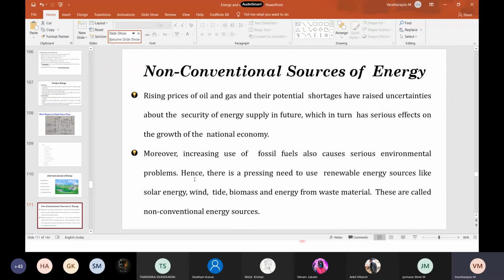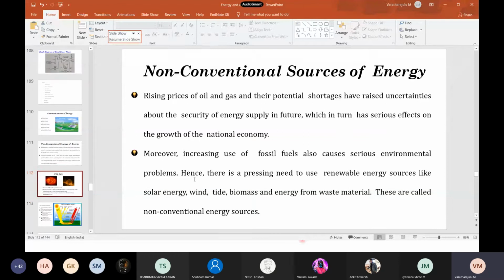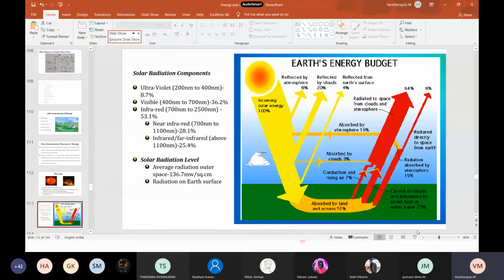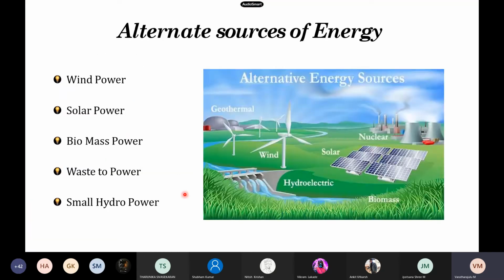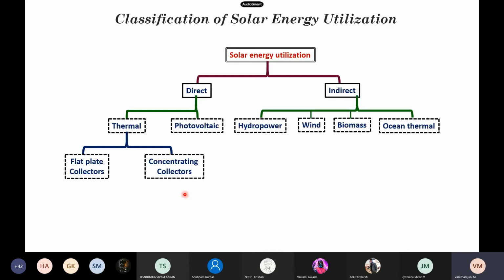Wind energy, tidal energy, biomass and ocean thermal energy might be indirect sources of energy from the sun.